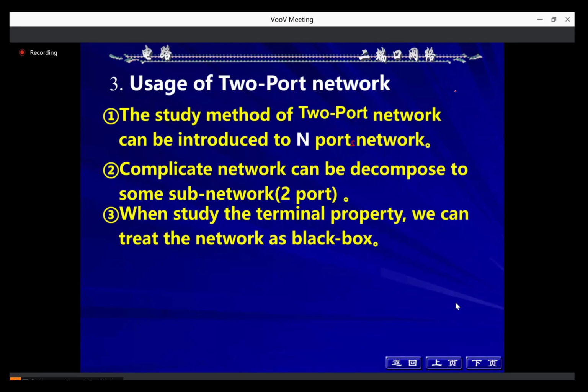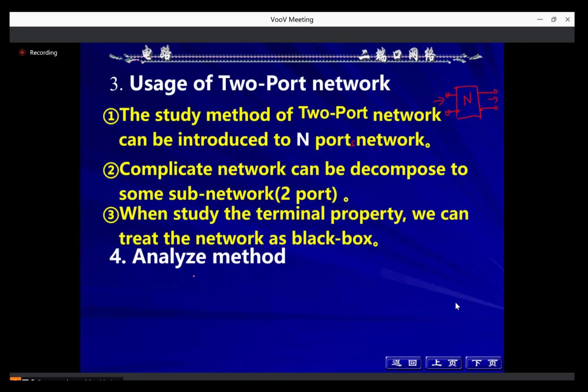This means if we only care about the input and output relation, we don't care about the inside of the network. We can use the two-port network parameters to express it, so we can treat the inside as a black box.